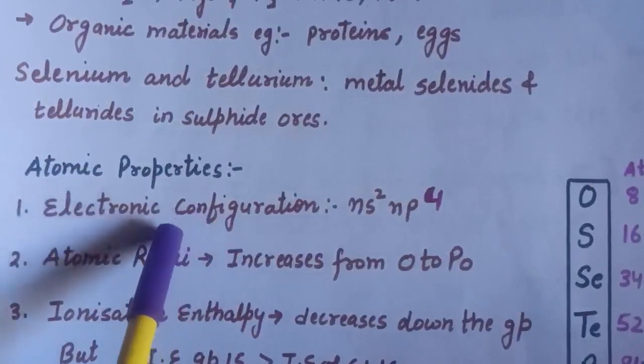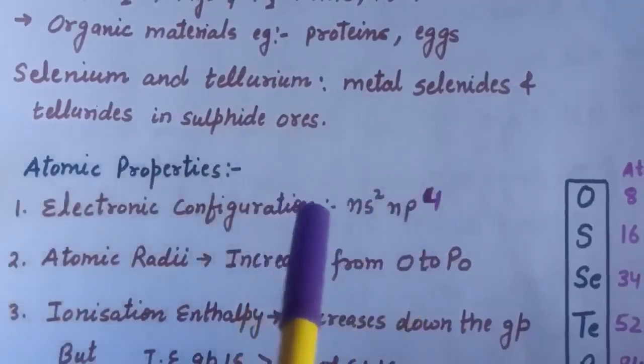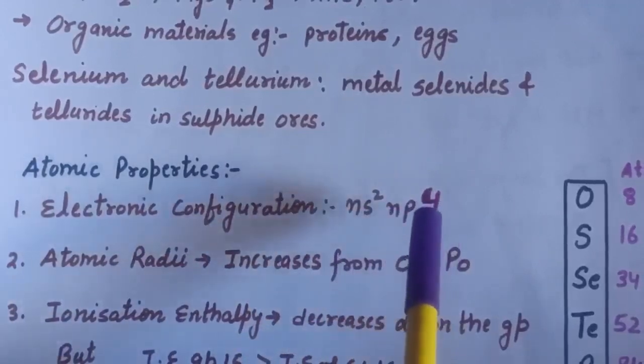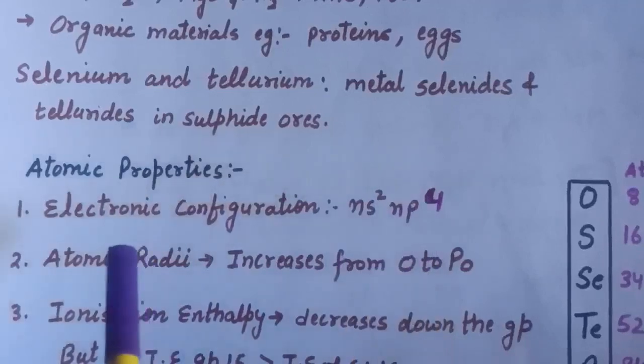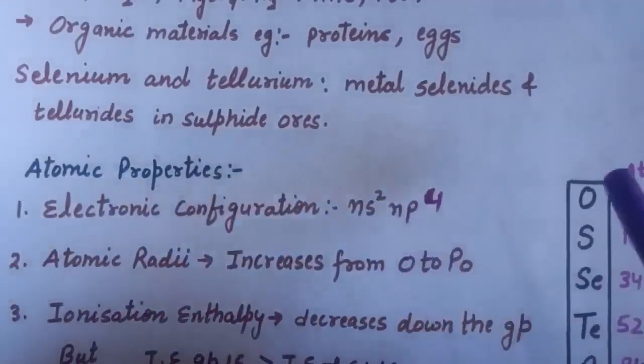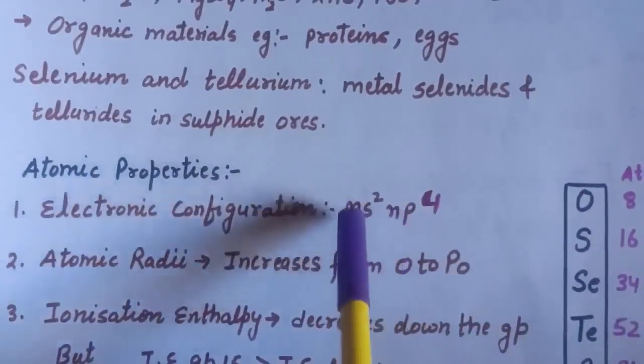The electronic configuration for group 16 elements is ns2np4, that is the outermost shell contains 6 electrons, and when we move from oxygen to sulfur to selenium, the value of the principal quantum number changes.